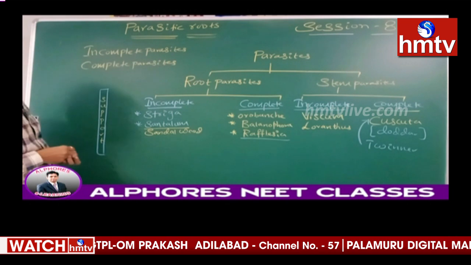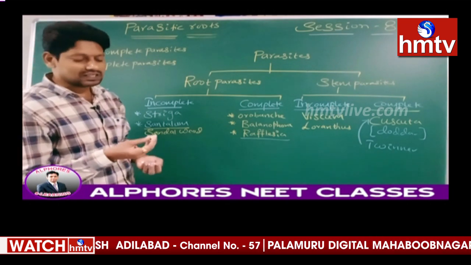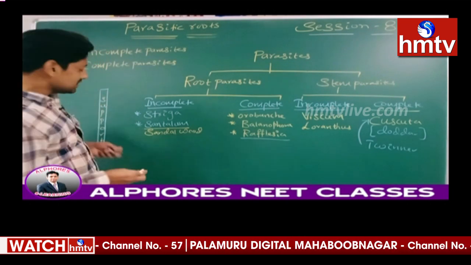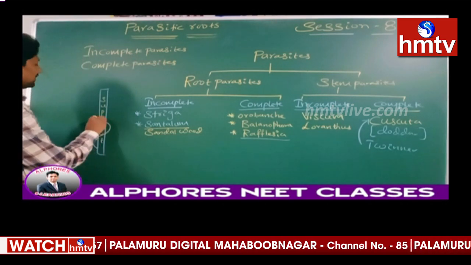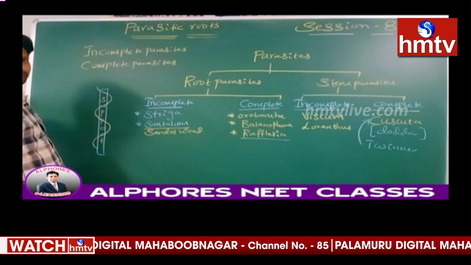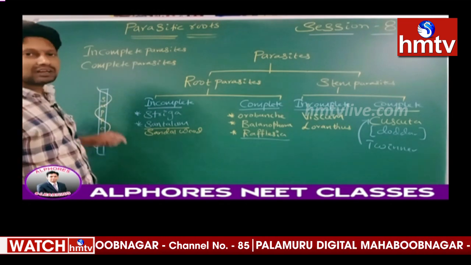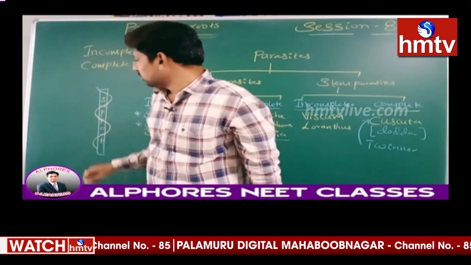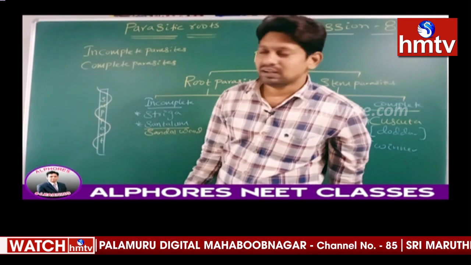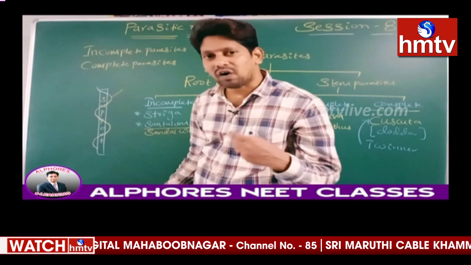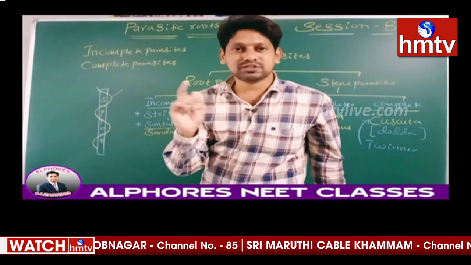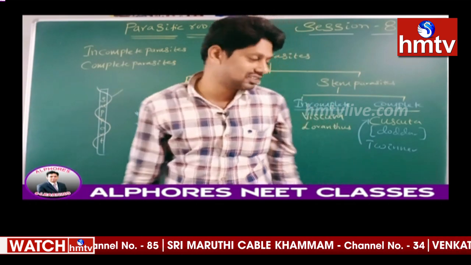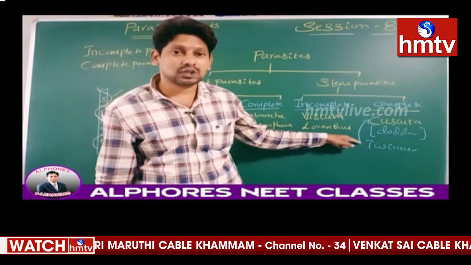Sir, in case of Cuscuta, the stem is weak. The weak stem itself coils around the support. Is there any special climbing organ here? No. No special climbing organ. The weak stem itself coils around the support and climbs the support. Such type of plants are called twiners.